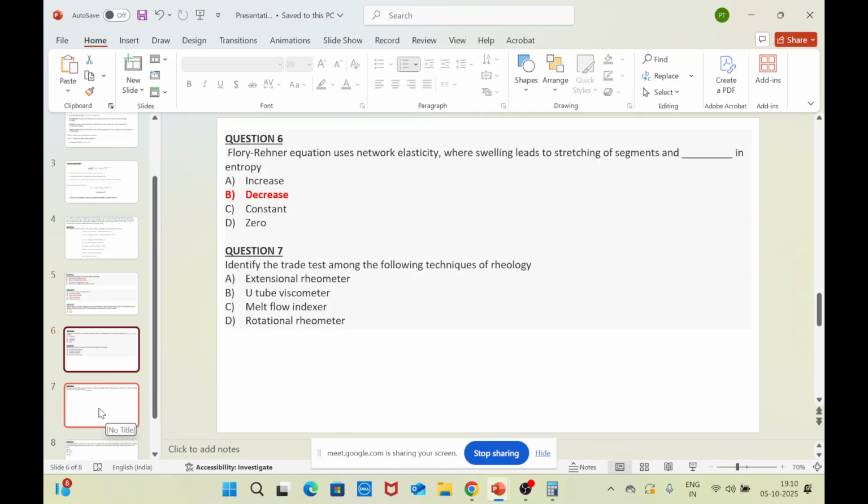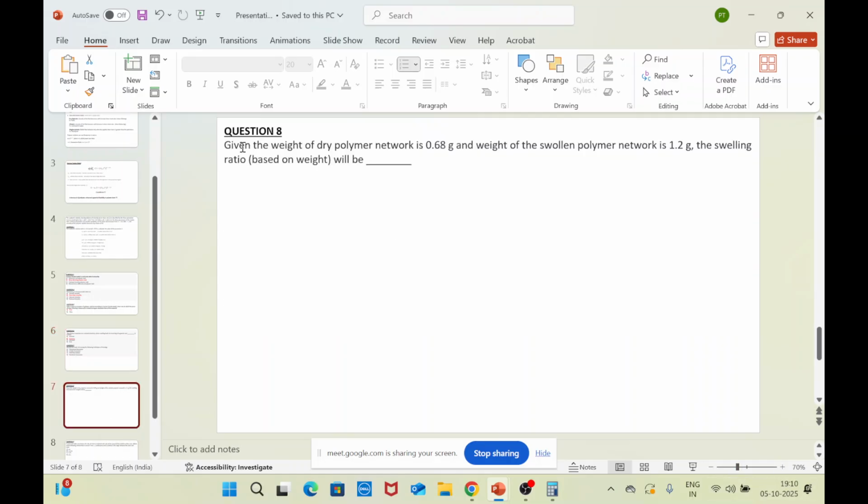Before we close our session for today, since we have almost reached our time limit, let's look at this question. Given the weight of the dry polymer network is 0.68 and the weight of the swollen polymer network is 1.2, what is the swelling ratio? It should be an easy one.